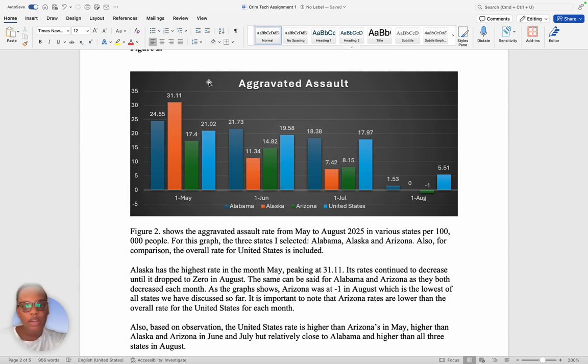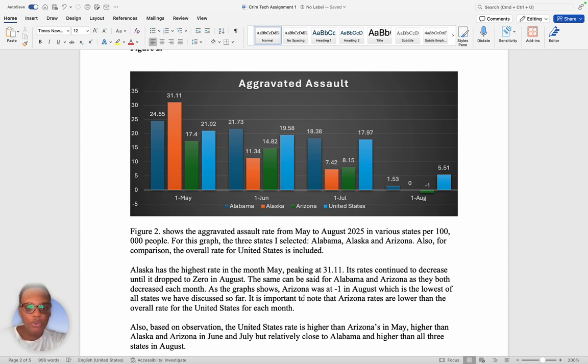Similar to the above graph, it's right here, here, here, and here. Alaska has the highest rate in the month of May, which is right here at 31.11. Its rate continued to decrease until it dropped to zero in August, right here. The same can be said for Alabama and Arizona, as they both decreased each month.